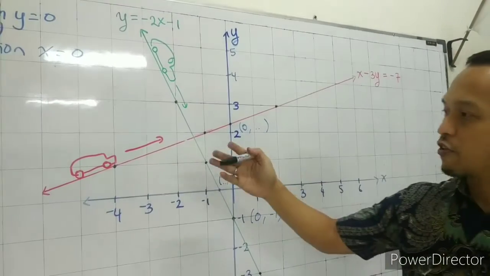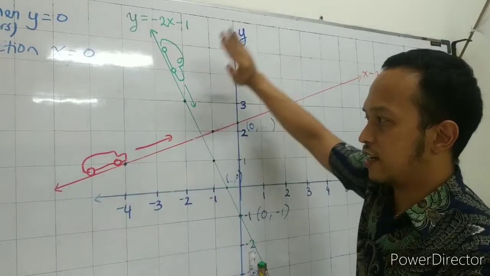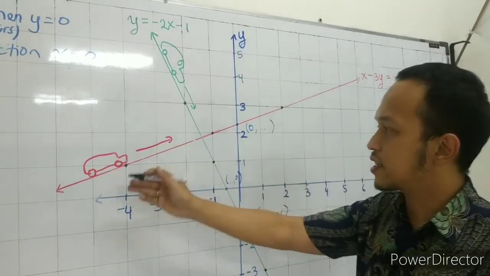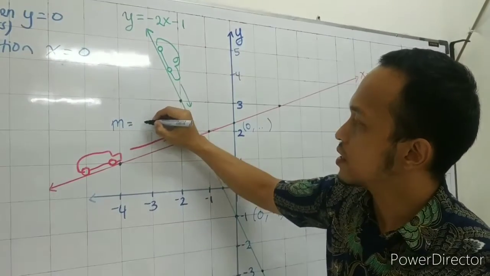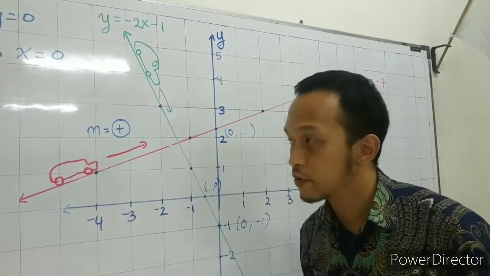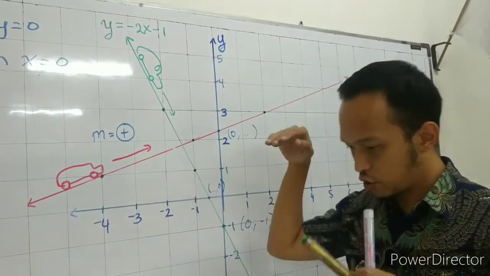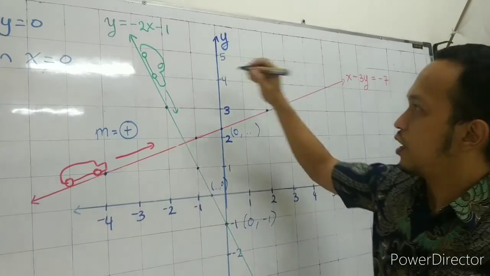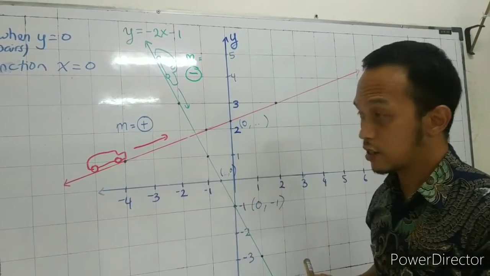For the red line, the car is rising. So the m is always positive. The gradient value must be positive. For the green one, since it is decreasing, it's just going down, it will be negative, the gradient or the slope.